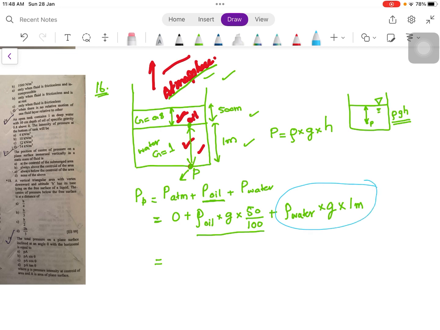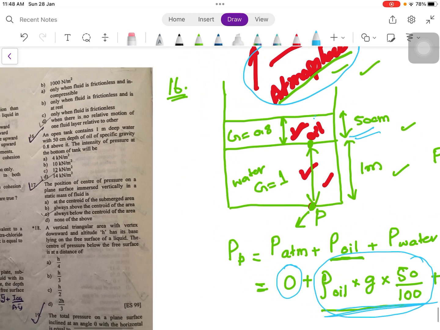Then the second pressure is due to the layer of the oil, which is this. All right, the pressure at point P is equal to the pressure due to the layer of water. The layer of water has a pressure due to the layer of the oil, which is this, and the layer of oil has the pressure due to this atmosphere, which is comparatively zero in this scenario, because nothing is being said specifically about the pressure due to atmosphere.